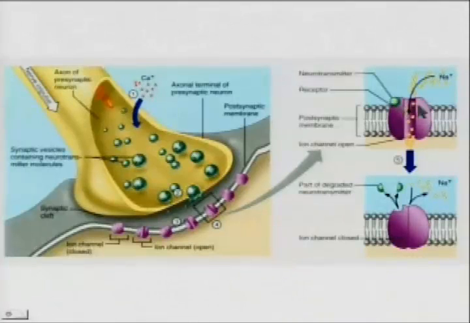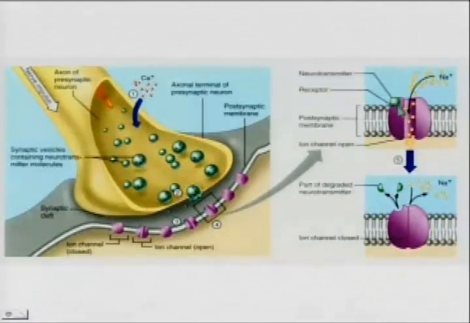Anyway, ligand gate, conformational change, open, sodium influx, more positive ions on the inside of the membrane. You increase the membrane potential, depolarize it, and progress toward threshold, as we saw. Degrade it, or it just comes off. It's a dynamic event. This isn't a permanent binding. It's on and off, on and off, on and off.